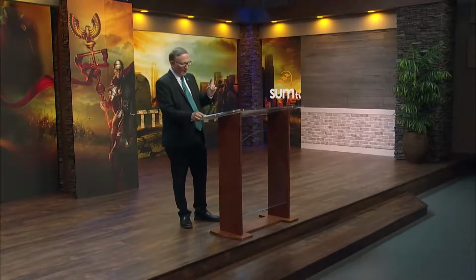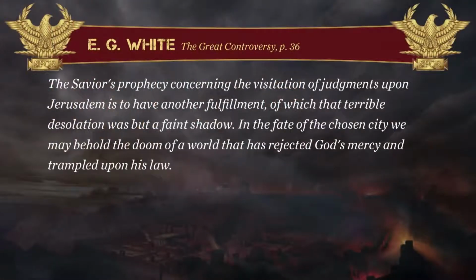The Savior's prophecy concerning the visitation of judgments upon Jerusalem is to have another fulfillment, of which that terrible desolation was but a faint shadow. Now, if you want to see how terrible Jerusalem was, just read Josephus's Wars of the Jews, or read the first chapter of the book Great Controversy.